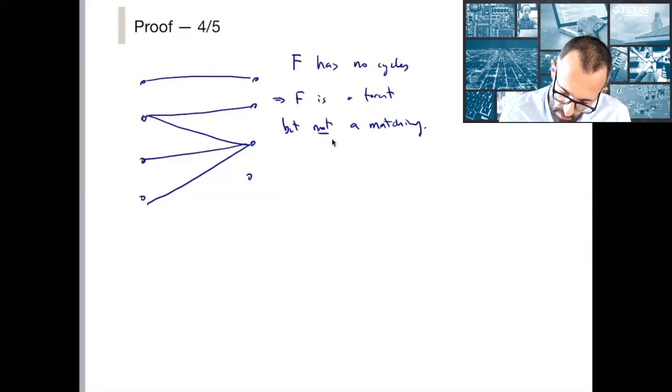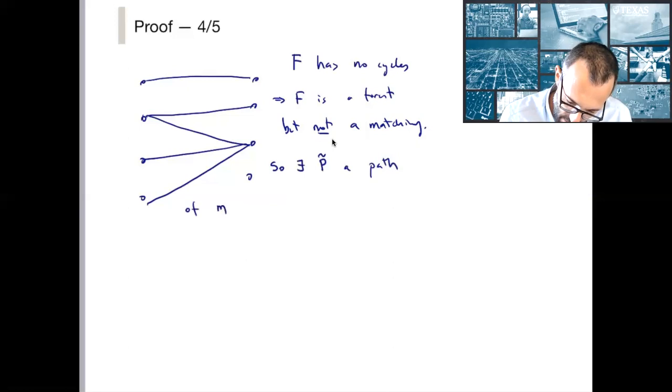So if it's not a matching, it means there exists some path of maximal length, and that length is greater than or equal to 2.